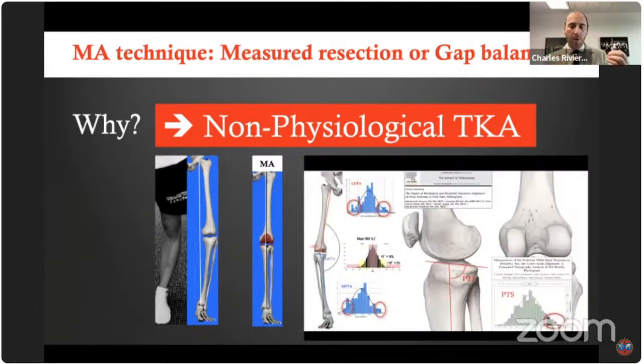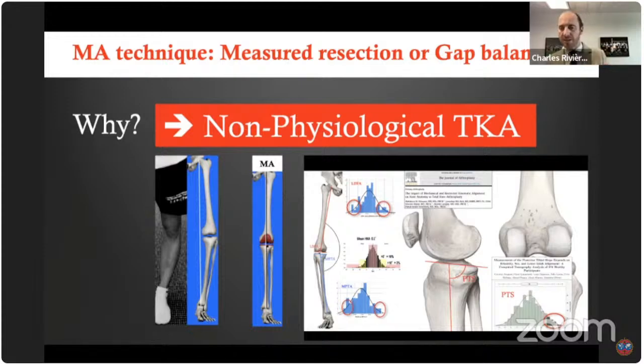We all learned MA together, when we were trainees. We've never been told, try to restore the knee anatomy. It has never been like this. It was: do a perpendicular cut to the mechanical axis, do 3-degree external rotation to the posterior condylar line. Okay, there is never any attempt to restore the native knee anatomy.